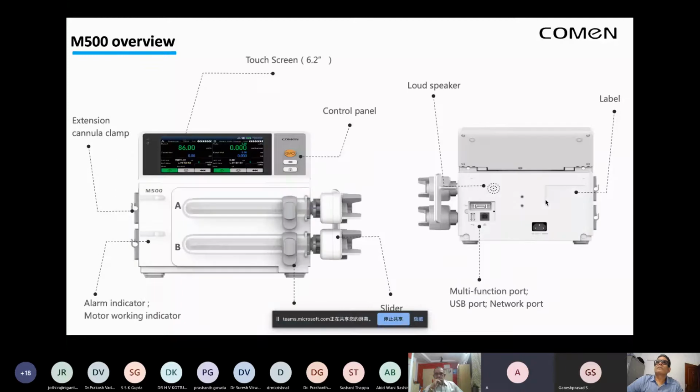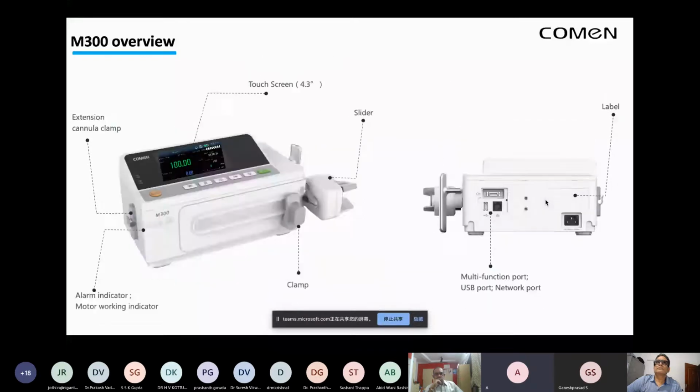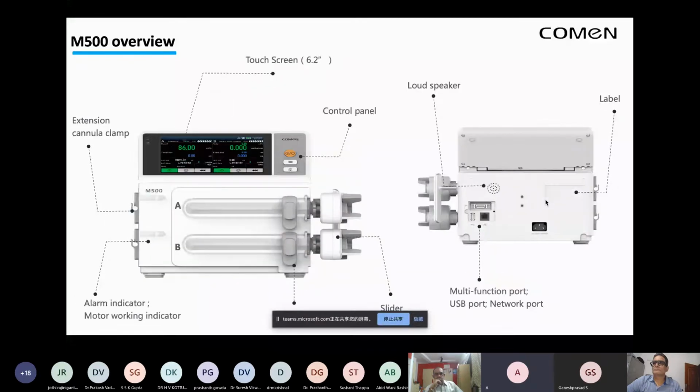Another one is the dual channel infusion workstation, which is much bigger compared with the single channel. The single channel has a 4.3 touch screen, while the dual channel has a 6.2 TFT touch screen.